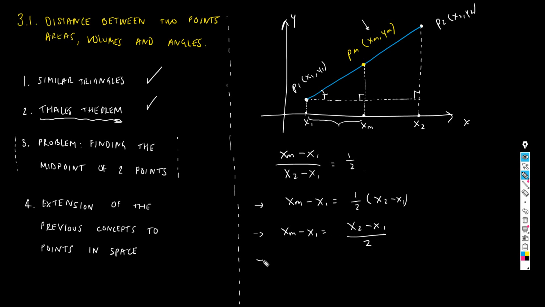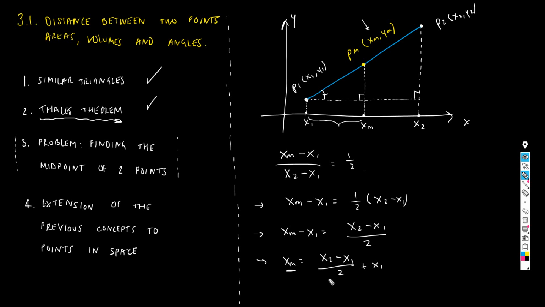Okay, then I just add x1 on both sides, and I'm done. You see, I'm done. I already know how to calculate the x-coordinate of my middle point, given that I know x1 and x2. Perfect, we are done.